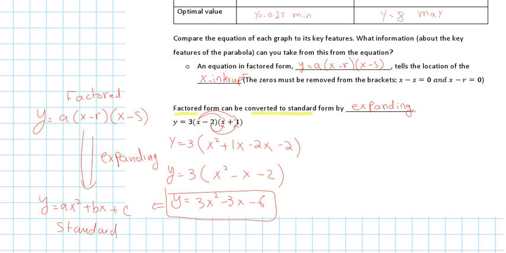Now, you learned that you can go from here to here. What do we call that process? Factoring: common factoring, sum and product. So you can go from here to here by a process called factoring.